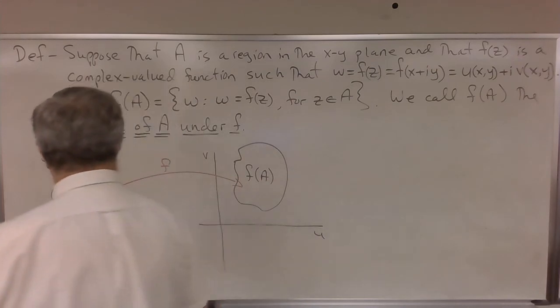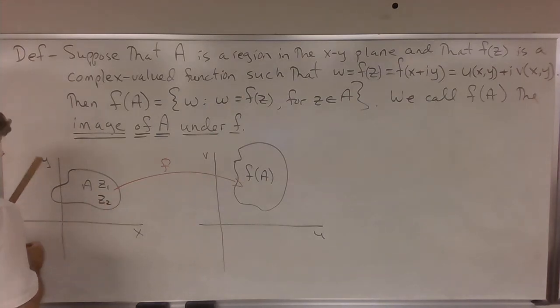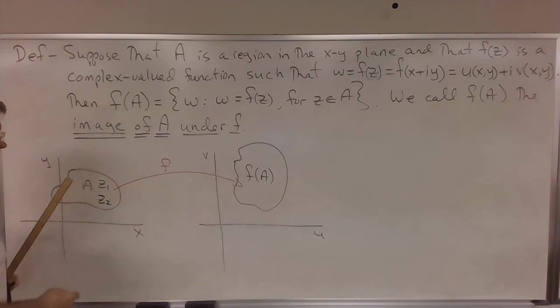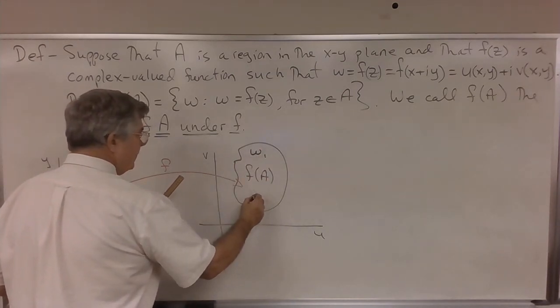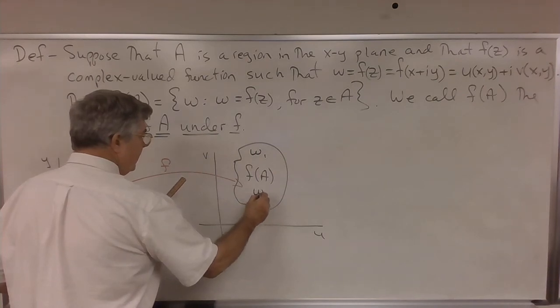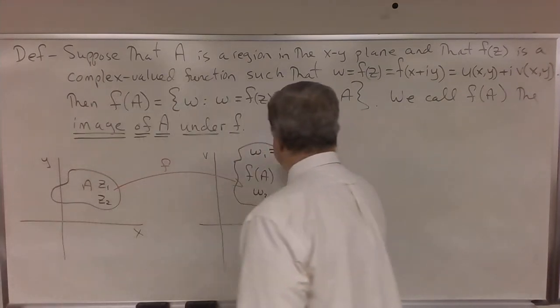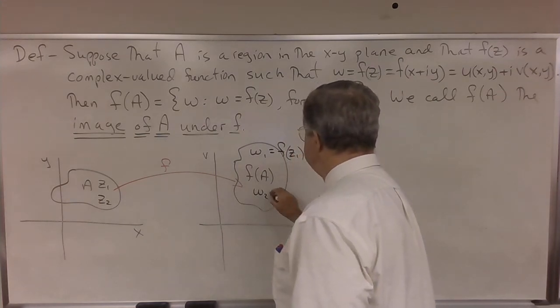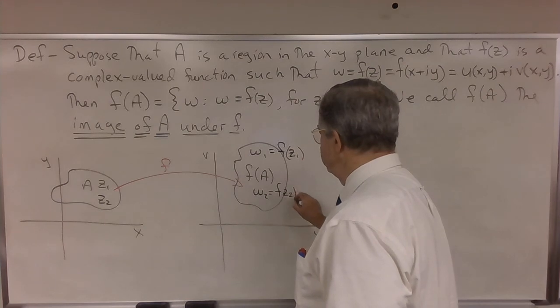So let's put a z1 here in A, and we'll put a z2 here in A. And correspondingly, we'll have a W1 over here and a W2 over here, where W1 is f of z sub 1 and W2 is f of z sub 2.